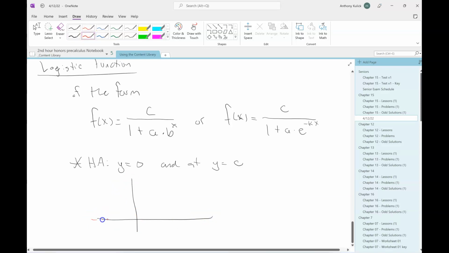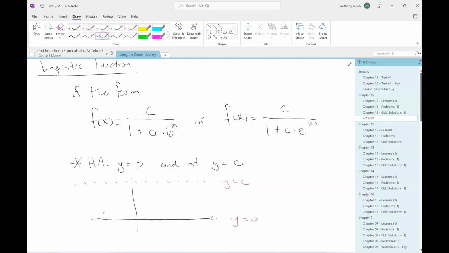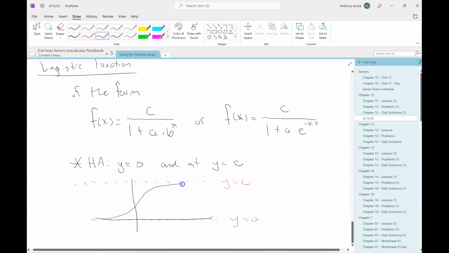So if we look at a logistic function, we have an asymptote at y equals 0, an asymptote at y equals c, and your function is going to look like that, where it's bounded in between those, which is a pretty good model for a population. Your population's never going to get less than 0. Yep, that makes sense.